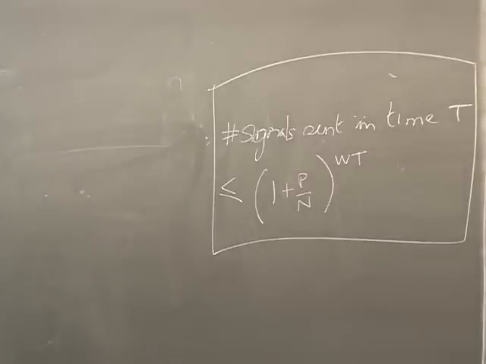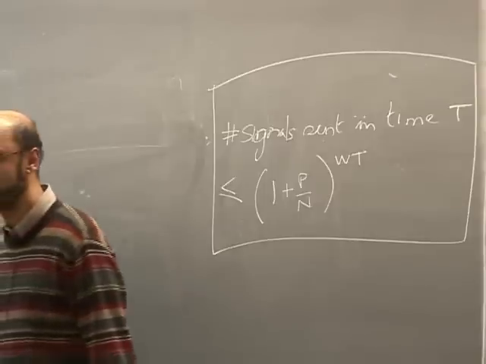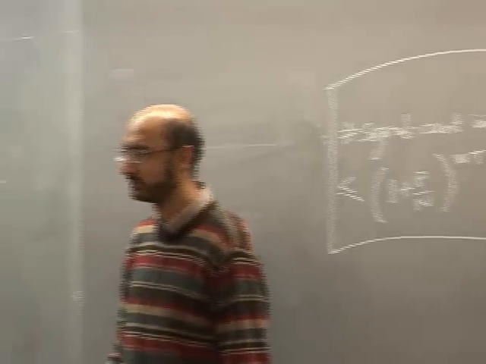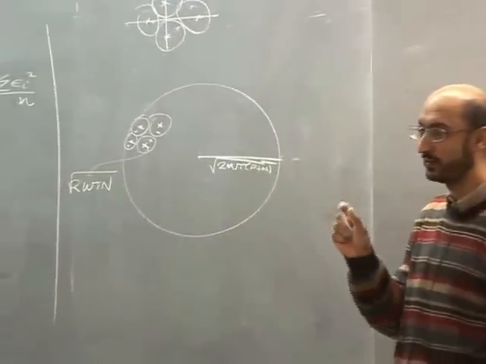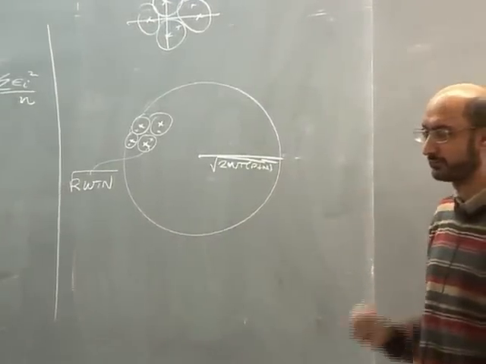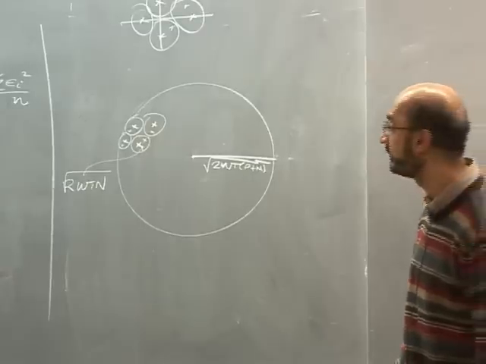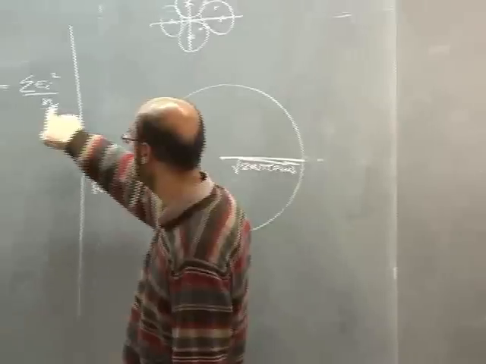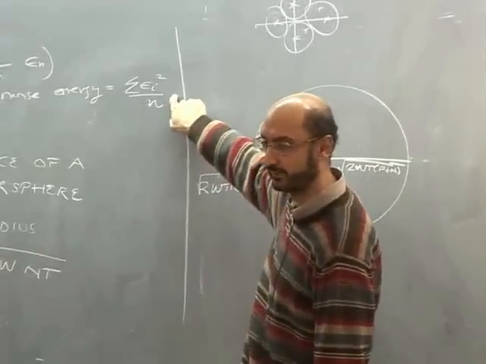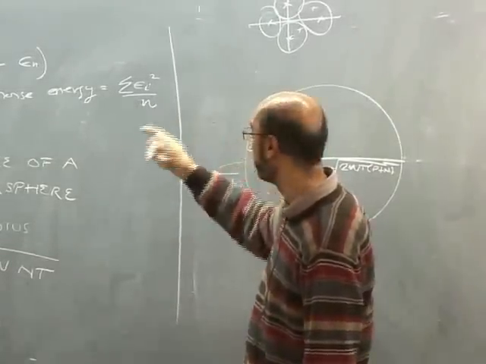Yes? Yes, the smaller circles, that's the one signal but with noise. One signal block with noise. That N, capital N, is the average noise per signal element, yeah. But that's average, correct.